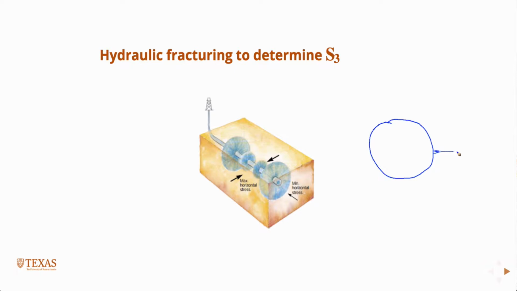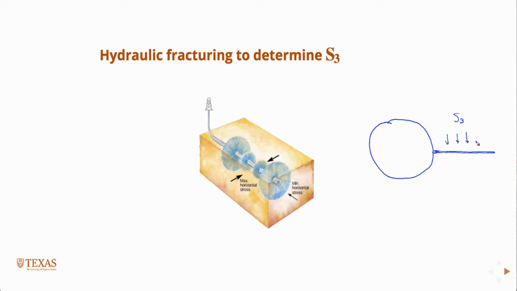And then as I continue to pressurize it, as it grows, it's going to grow in a direction that's perpendicular to S3, the minimum horizontal stress, or possibly the vertical stress, again because that's the minimum energy configuration.